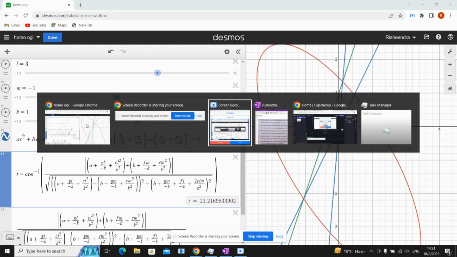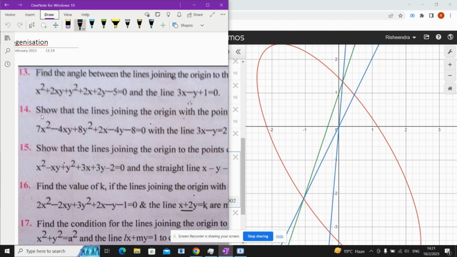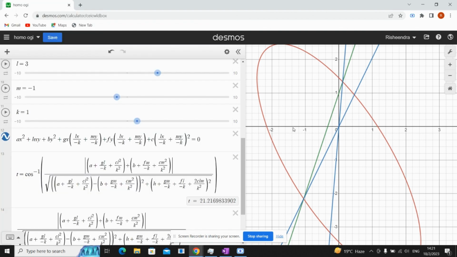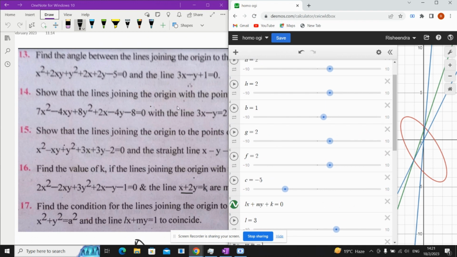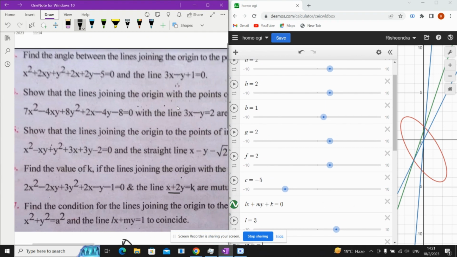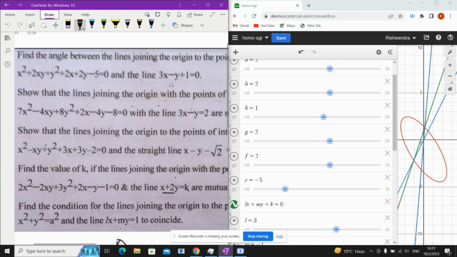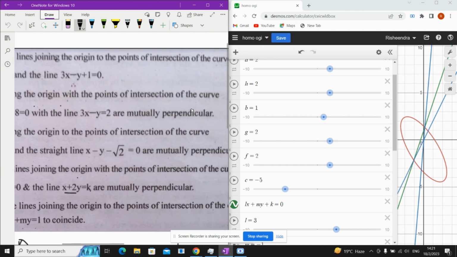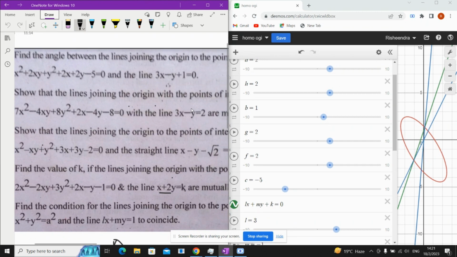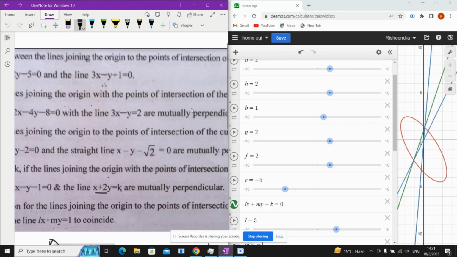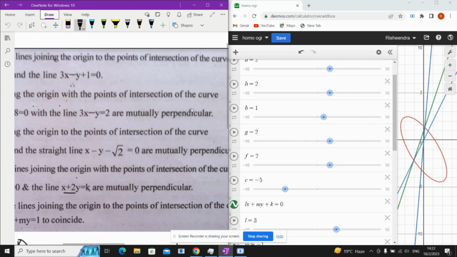Okay, now let's look at another question. Here, let's see the second question. See, the question is the same. Observe it. They show that the line joining the origin to the point of intersection of the curve x square blah blah blah, with the line 3x minus y equals 2 are mutually perpendicular.